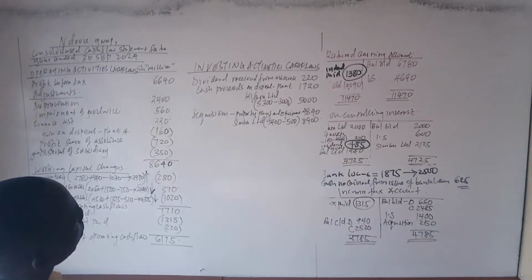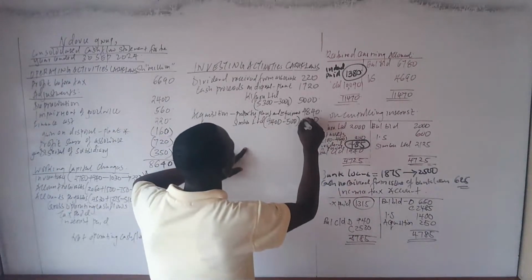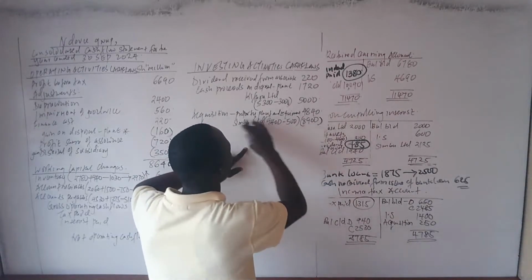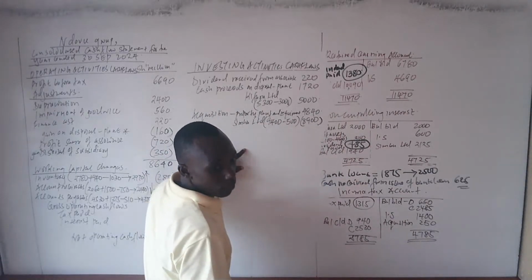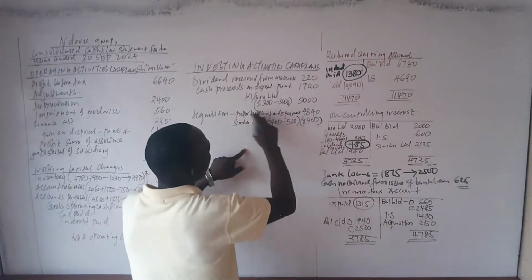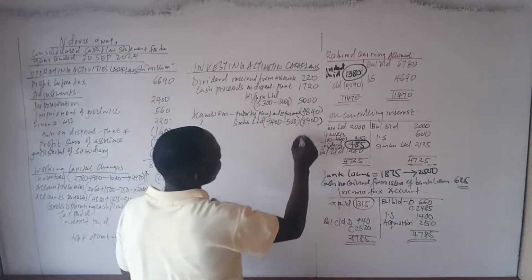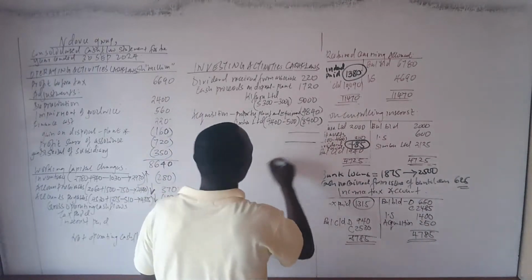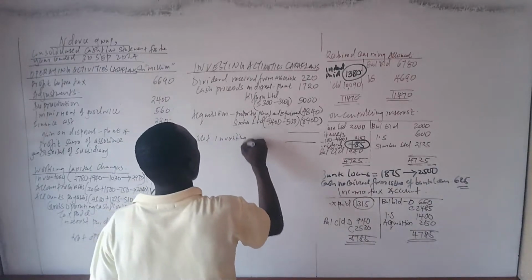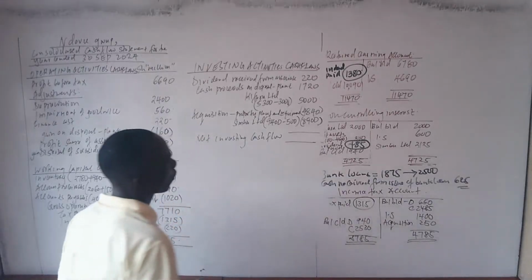That goodwill arose from the acquisition of Kifaru. So we don't bring it here, because we have already brought the price of that company that we acquired. Then from there, the property. What else? So give me the net investing cash flow.